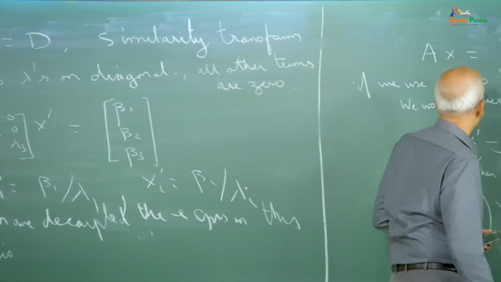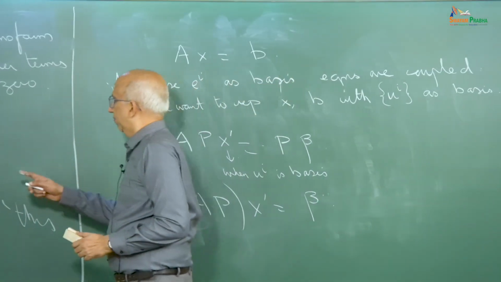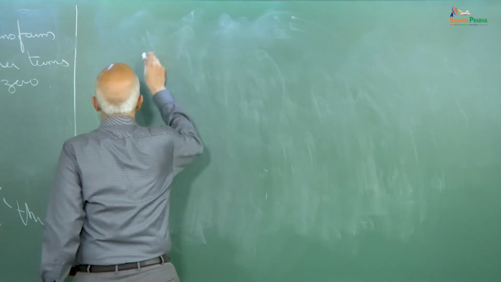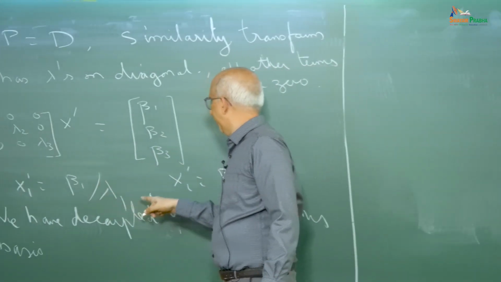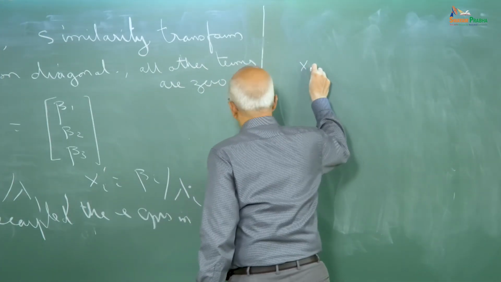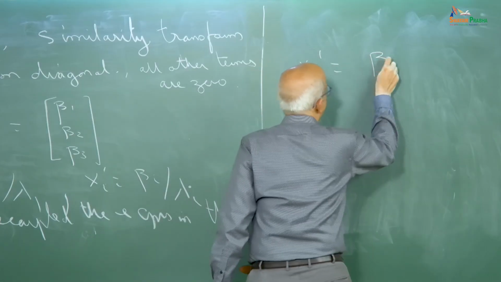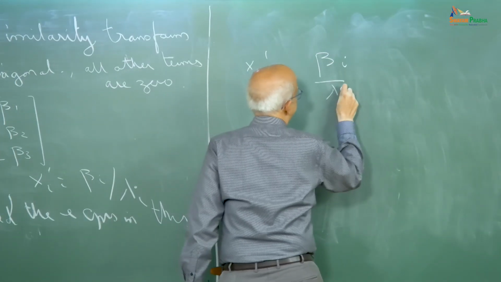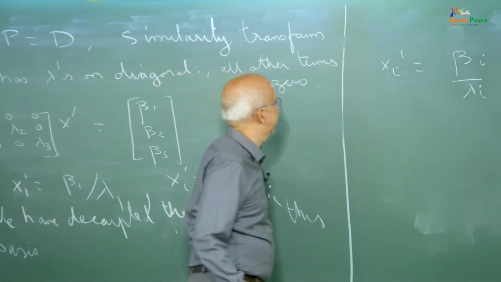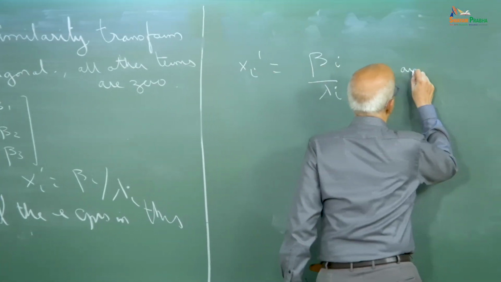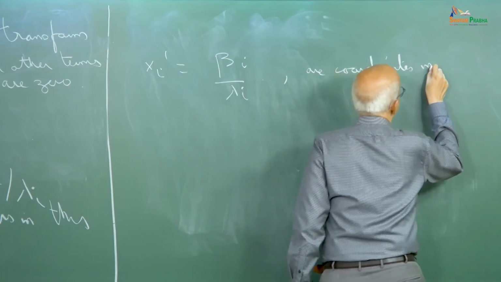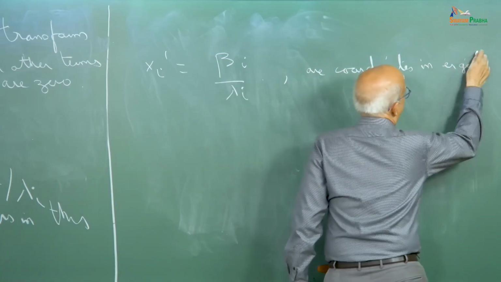Okay. So, now that I have x dash, how do I find the actual thing? This x dash is the coordinates. So, xi dash is nothing but beta I by lambda I. These are the x in the eigenbasis.